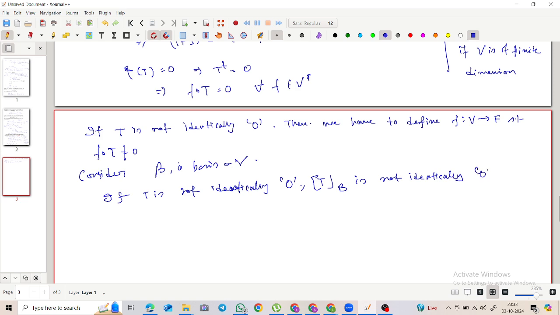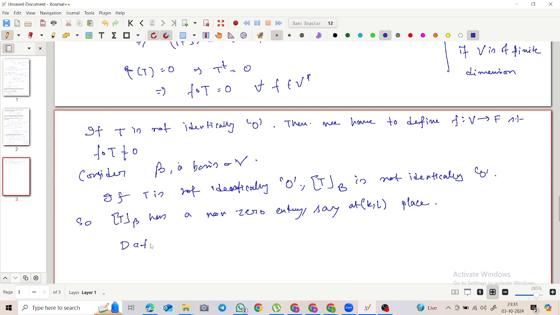So T beta has a non-zero entry, say at the (k, l) place.